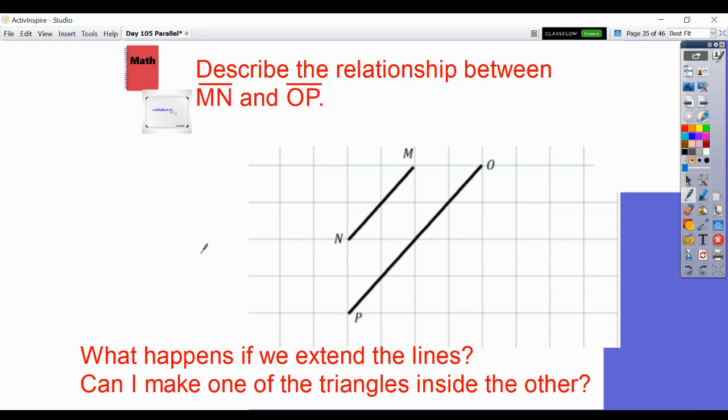Describe the relationship between line MN and OP. What happens if we extend the lines? Can I make one of the triangles inside the other? If I extend this line, well, they just continue to run side by side.